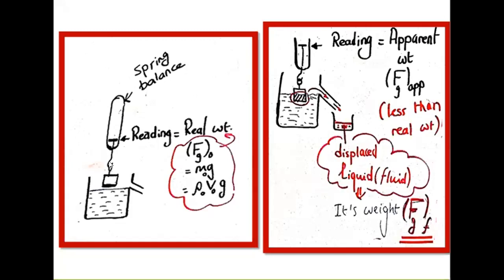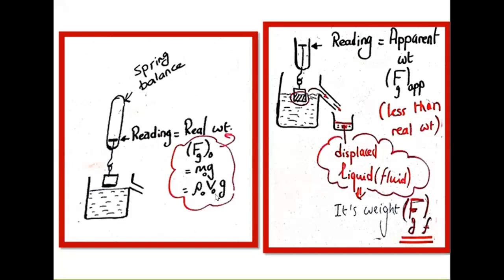When you suspend the object here, this is the reading. Before putting it in the liquid, the spring balance will give you the reading of the real weight, because till now the object is in air. And the real weight, as we agreed together, is m times g, or rho v g.